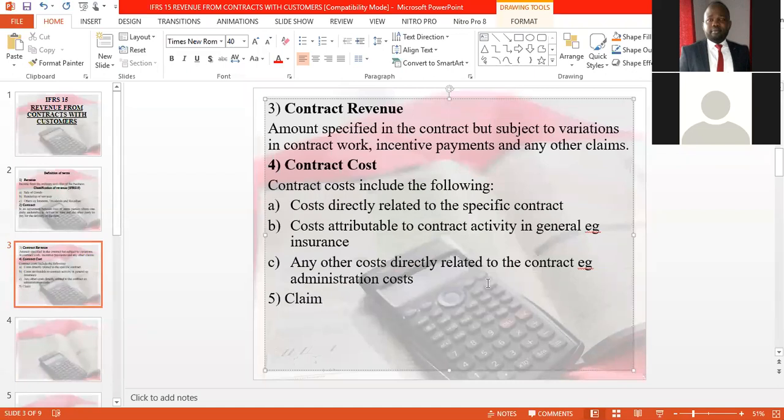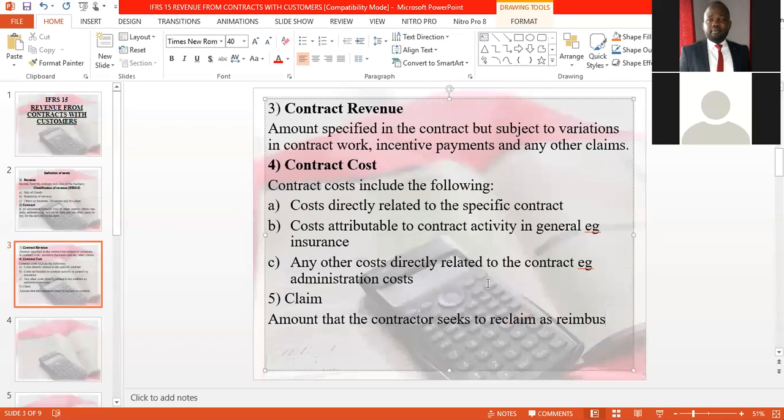It's the amount that the contractor seeks to get back from the customer, but it is not good to use the same word, so I'll say as reimbursement.